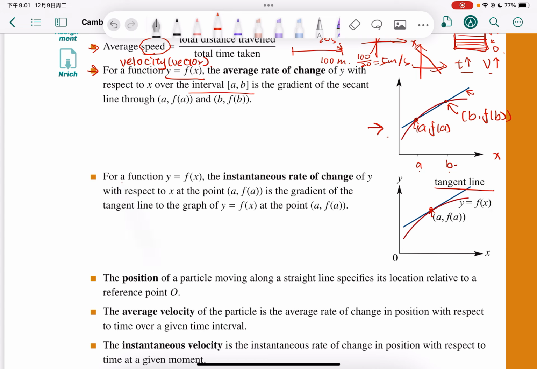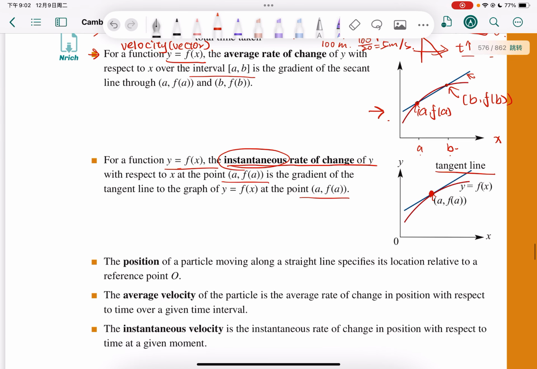So for a function y equal to f(x), the instantaneous rate of change, instantaneous meaning at the moment, at the point, is the rate of change of y with respect to x at the point (a, f(a)), which is the gradient of the tangent line through the graph at the point. So it's saying at this point, what's the gradient? What's the tangent line just passing through one point of the red curve? And the gradient of the blue line represents the instantaneous rate of change of y at the point.